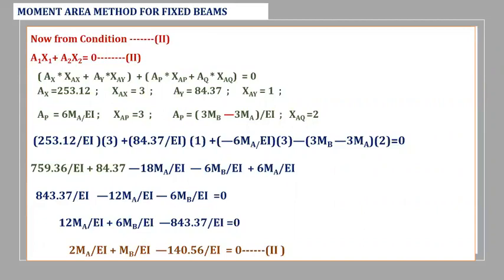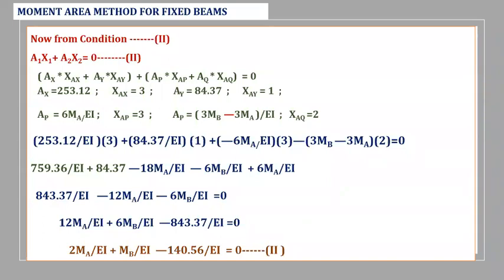So if we multiply 253 into 3, 759.36. So 84.37 into 1, that is 84.37. Now you see for the second, plus into minus, 6 into 3, 18 MA by EI. The next one is 3 into 2, so that is minus 6 MB, minus into minus plus 6 MA by EI.